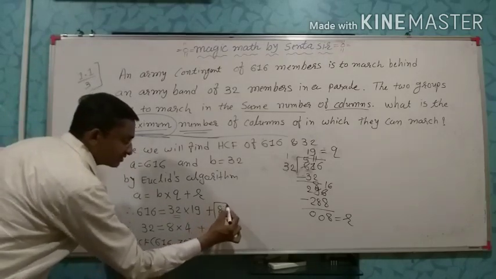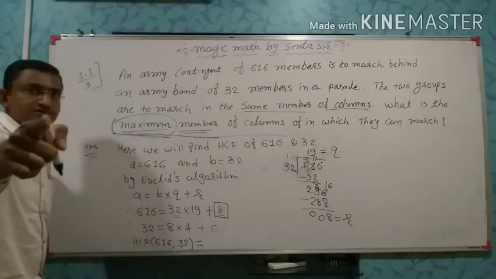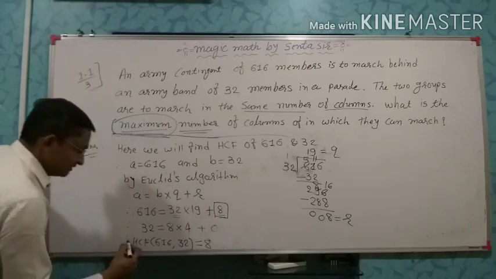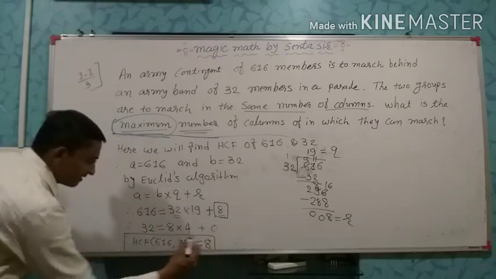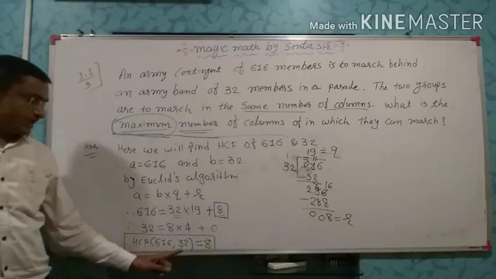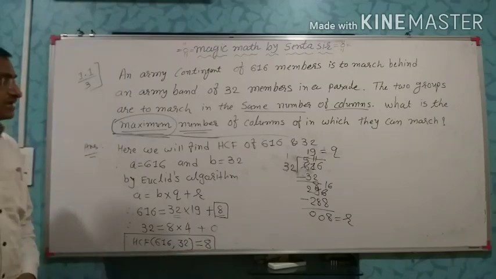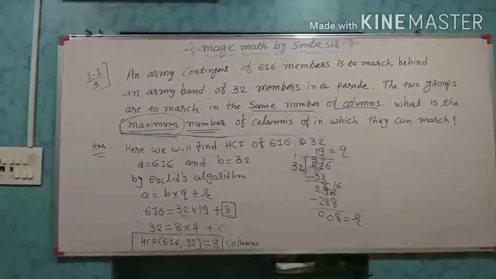What is the last non-zero remainder? Yes, you can say 8. Very good. HCF of 616 and 32 is equal to 8. Therefore, answer is 8 columns.